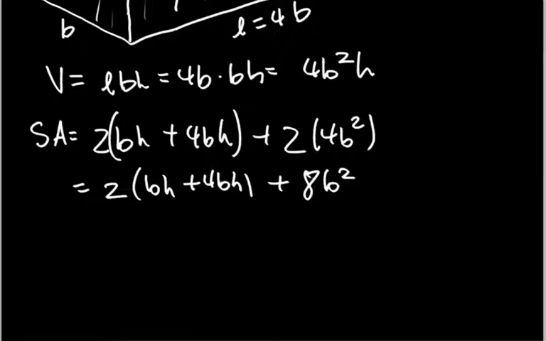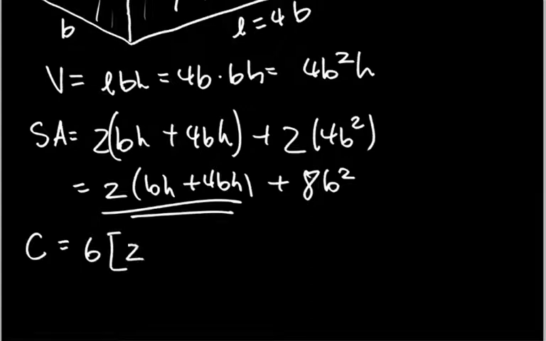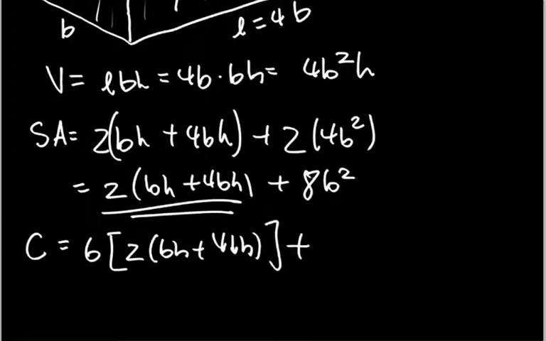Okay, so what is the cost? Let's just say C as the cost. So the cost of this is just going to be $6 per square meter, right? So 6 times this thing. And then this part is going to be 10 times that.